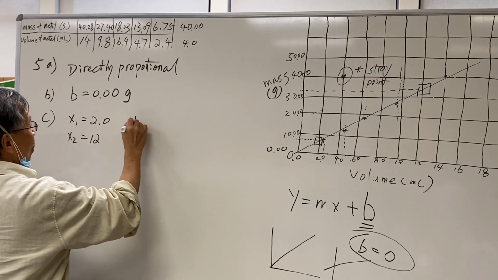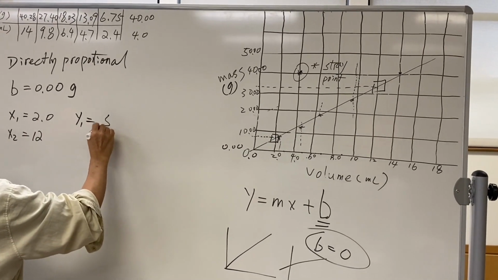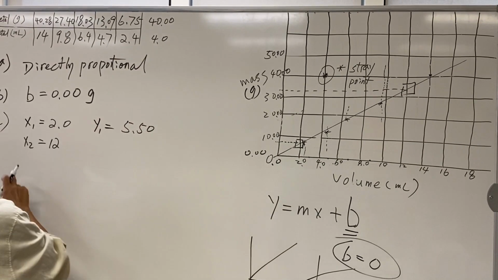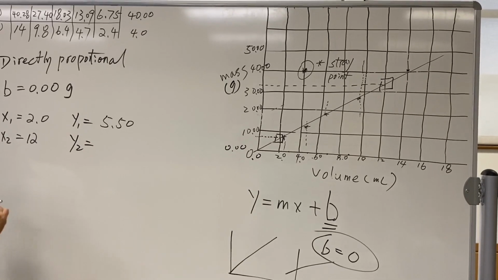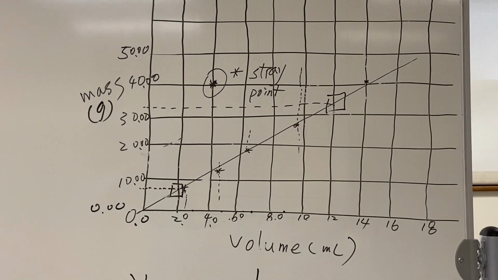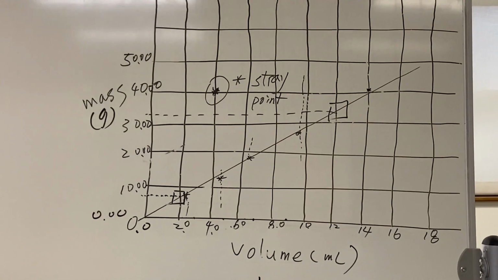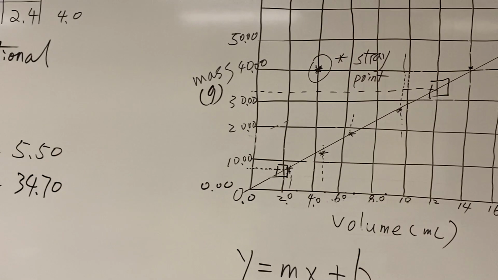My y1 is the smaller one, 5.50, and my y2 is 29.34. All right, that will be it.